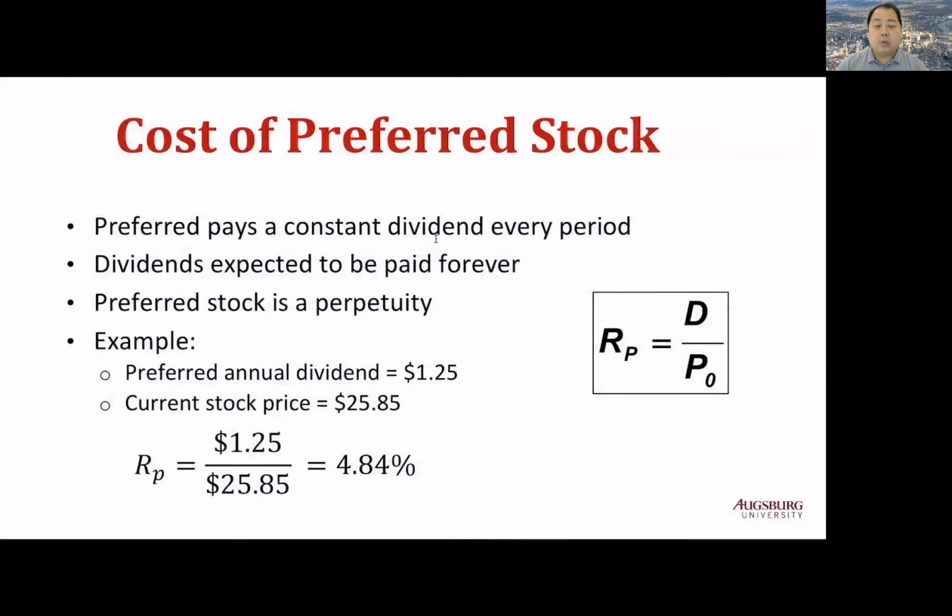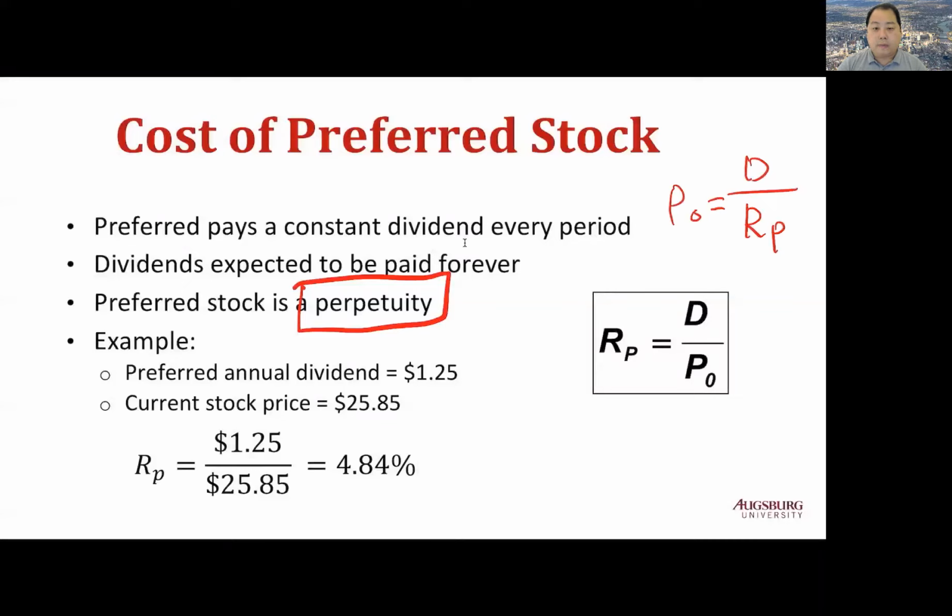Final one is the cost of preferred stock. As we learned, preferred stock pays constant dividend forever, so its cash flow is a perpetuity. We can rearrange the formula to find the price of the preferred stock. Price equals dividend divided by required return.